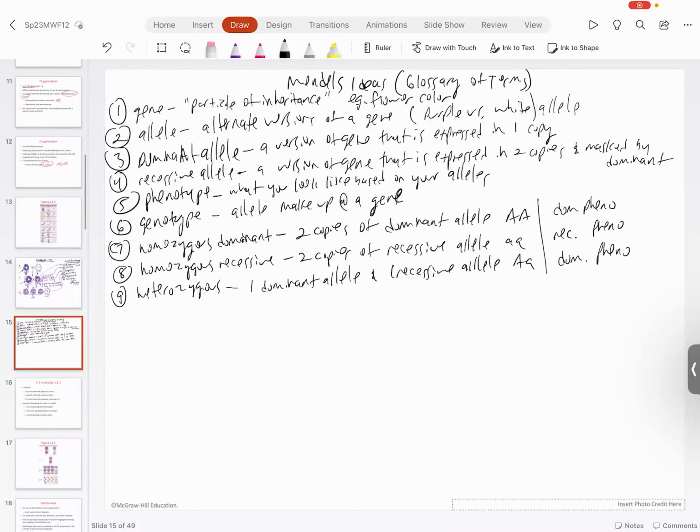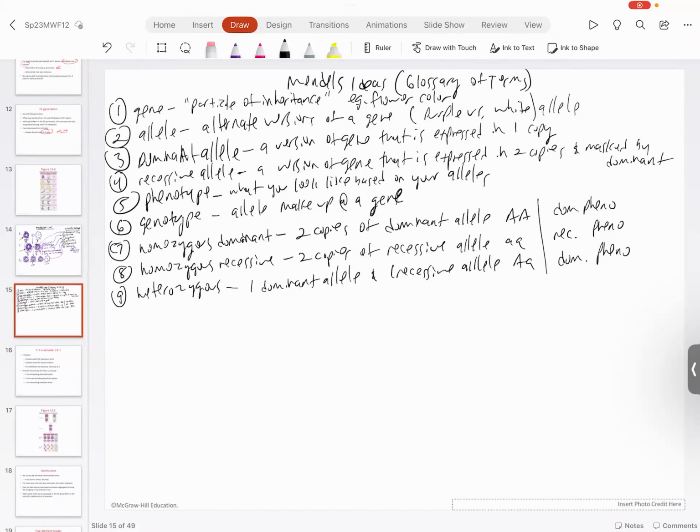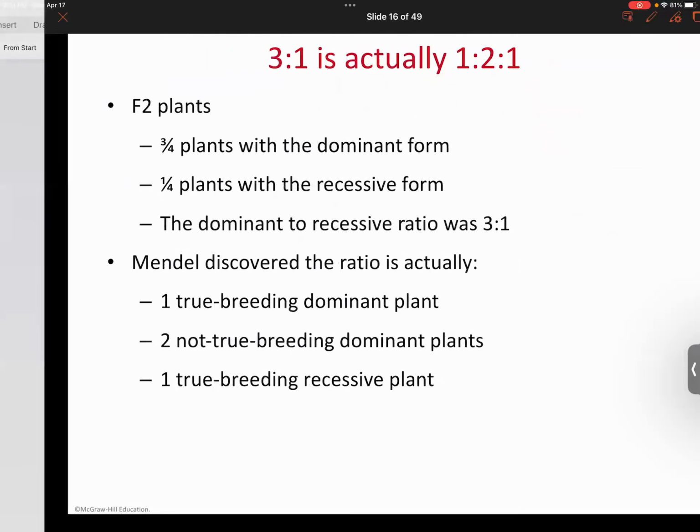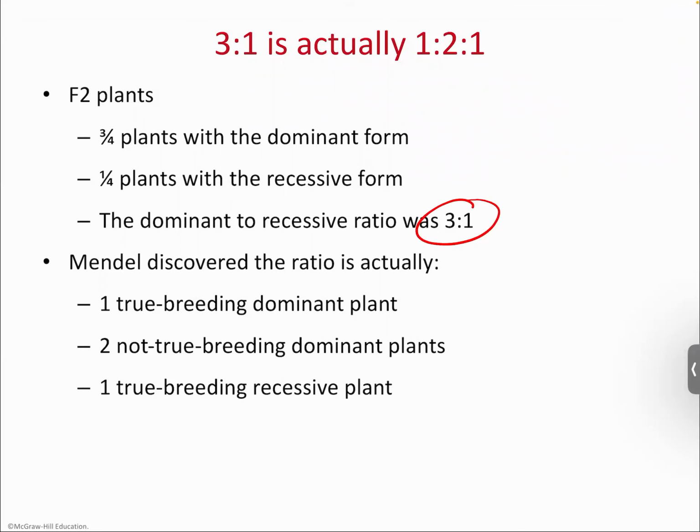So basically he got a lot of information just from that simple cross. And of course we know that once he bred this out, he generated his 3-to-1 phenotypic ratio, but there was more than that. He also found a 1 to 2 to 1, what's called a genotypic ratio. So whenever we look at this, we have what's called a phenotypic ratio. Remember, this is the way you look.